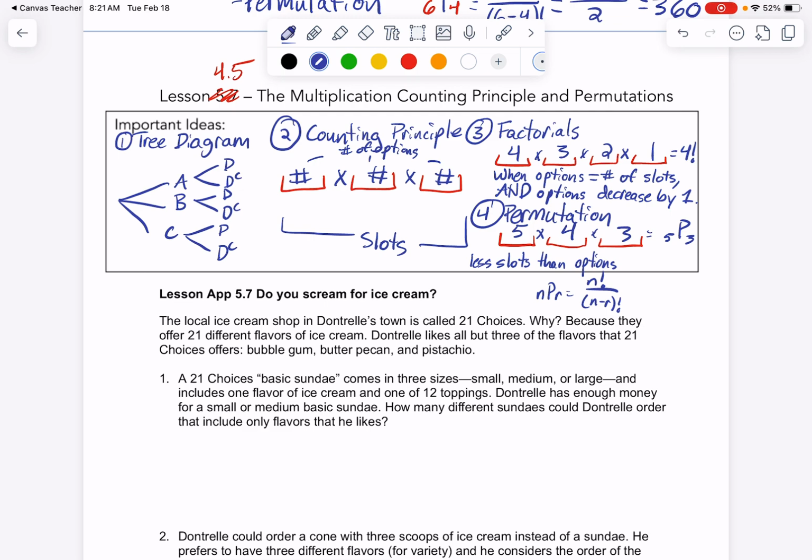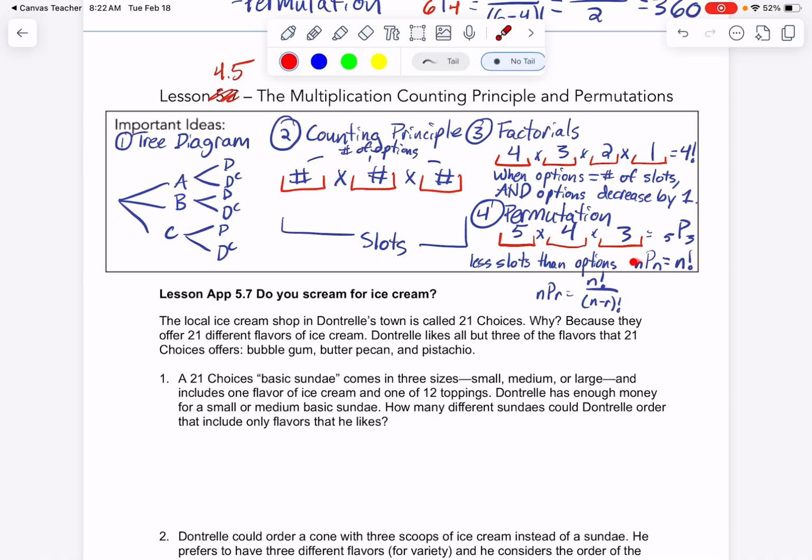For all intents and purposes here, we could do 5 factorial over 5 minus 3 factorial, which would just be 5 factorial divided by 2. Last thing is that any permutation with the same two numbers on either side of the P just equals that number factorial, right?